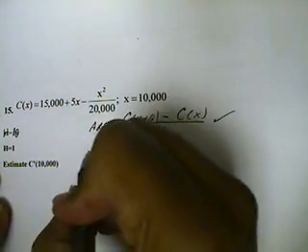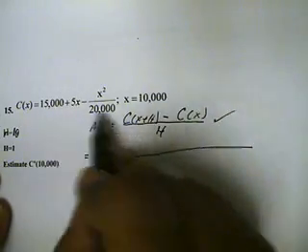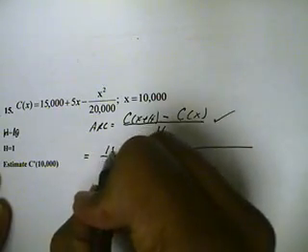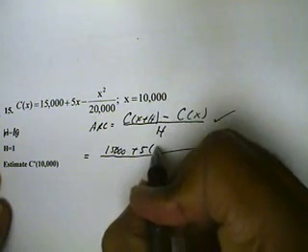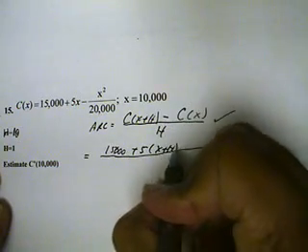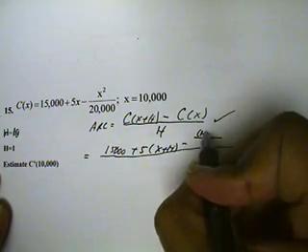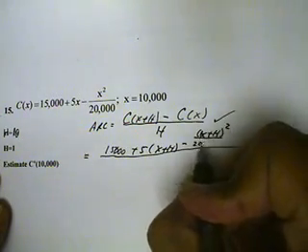So the average rate of change will be the function here, where everywhere we see an x, we're going to put in x plus h. So this will be 15,000 plus 5 parentheses x plus h, close parenthesis, minus x plus h all squared all over 20,000.